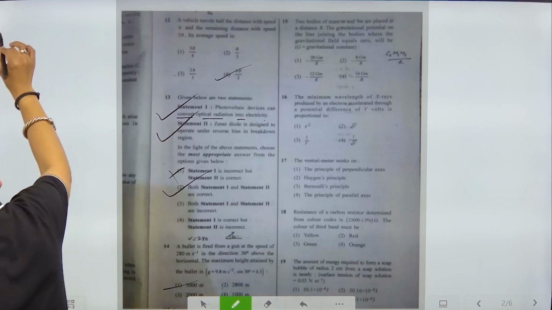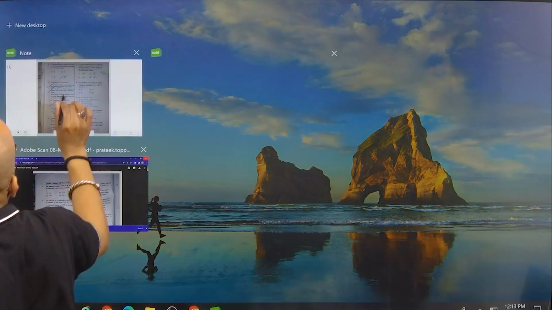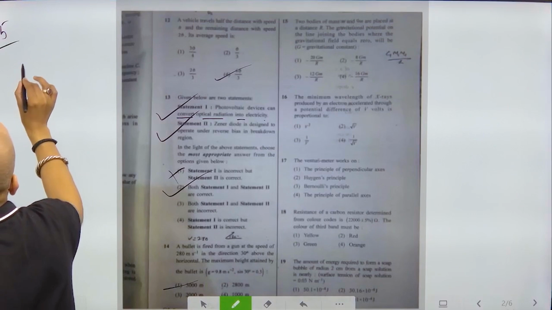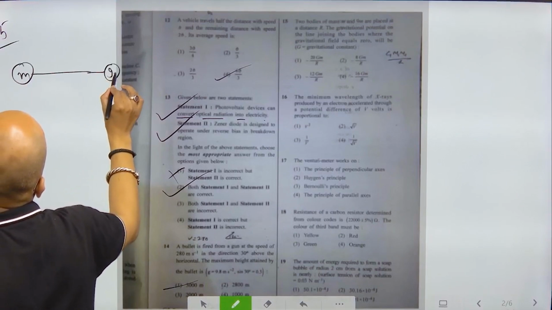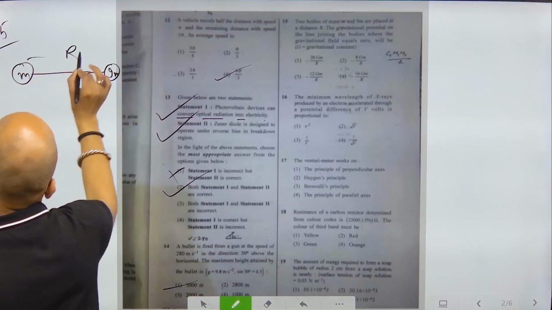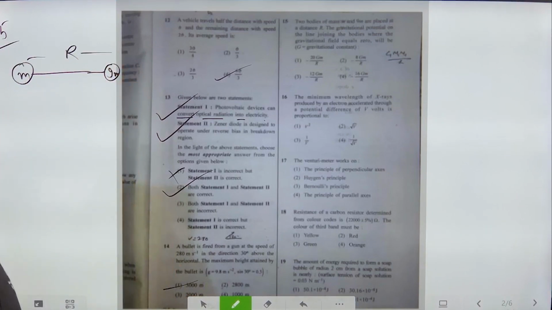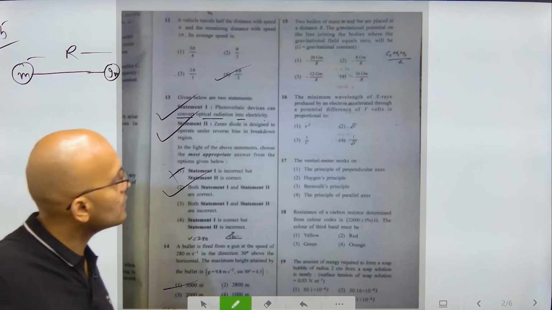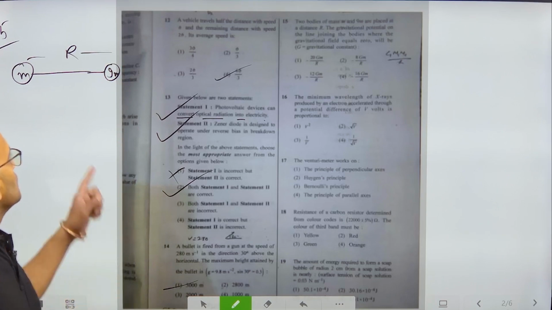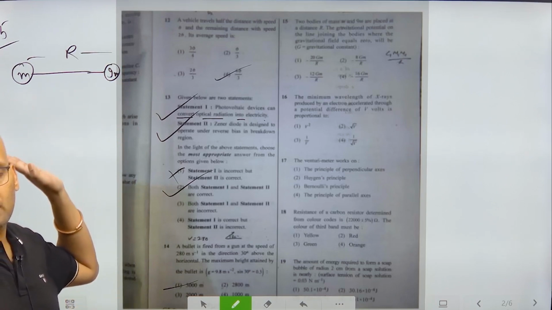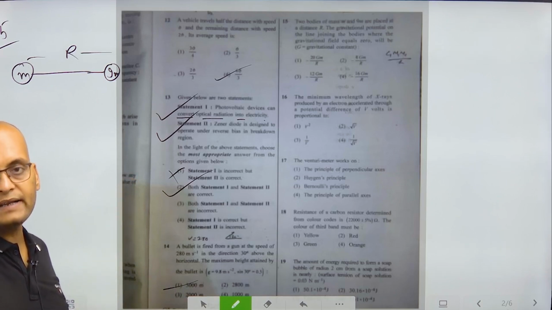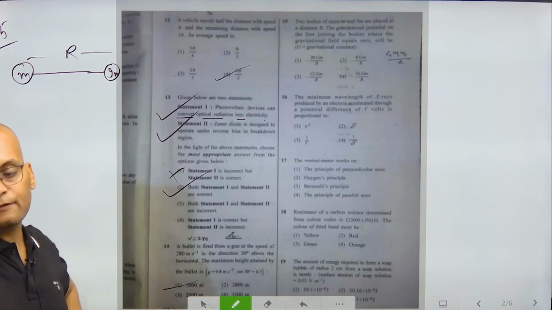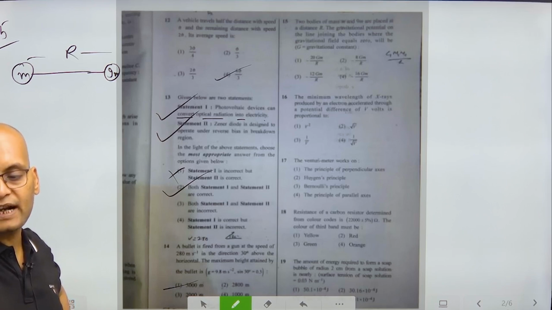Now, on the line joining the two masses, there is a point where the field is 0. So we have to find what will be the value of potential at that point.